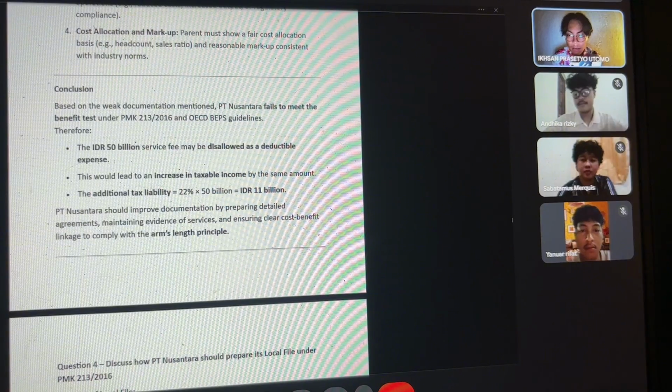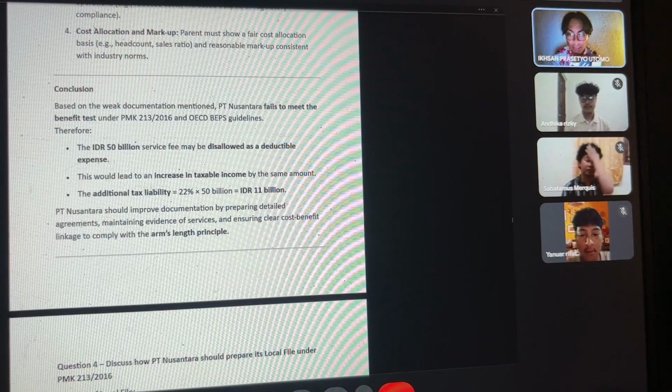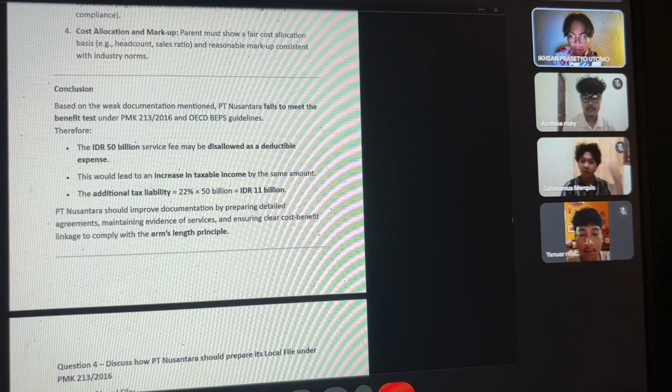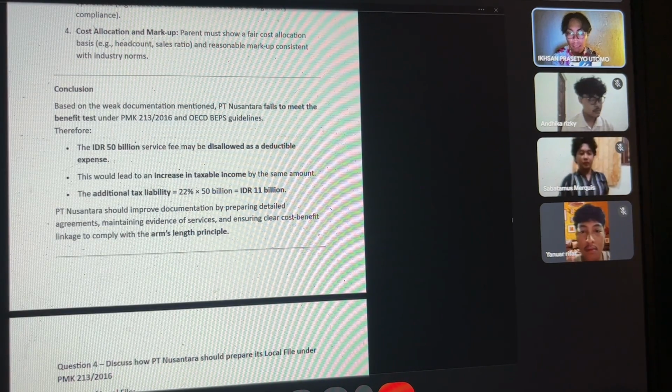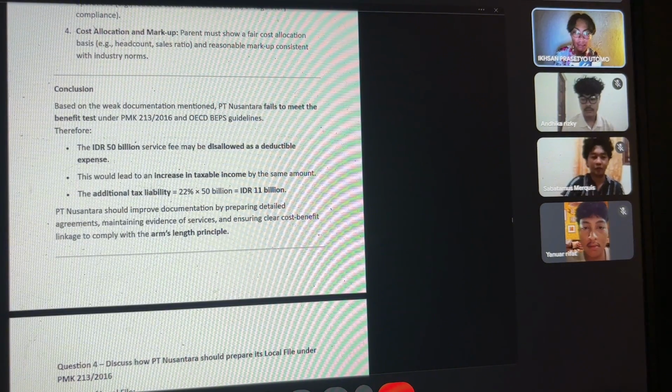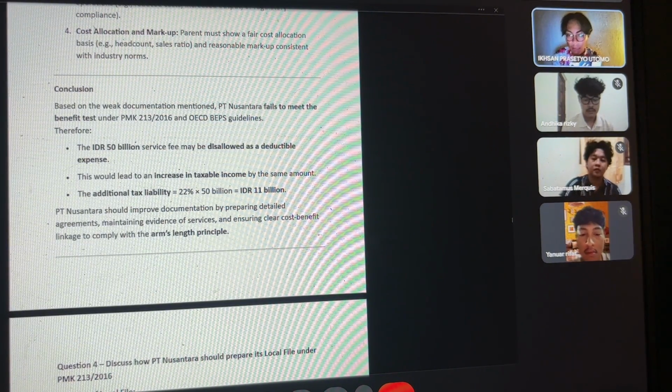This would lead to an increase in taxable income by the same amount, and the additional tax liability is 22% times 50 billion equals 11 billion Indonesian rupiah. PT Nusantara should improve documentation by preparing detailed agreements, maintaining evidence of services, and ensuring clear cost-benefit linkage to comply with the arm's length principle.